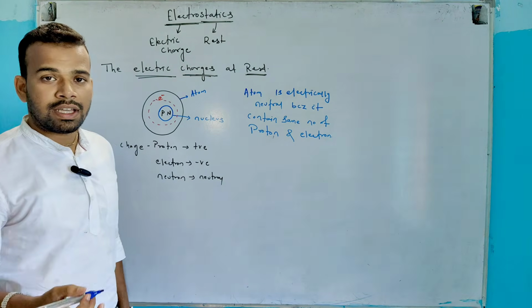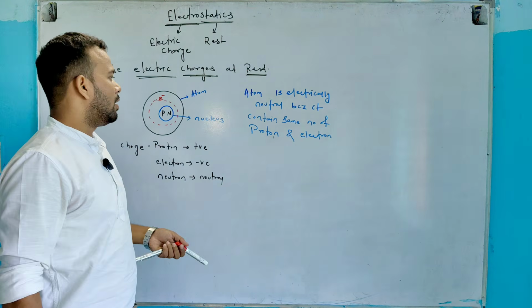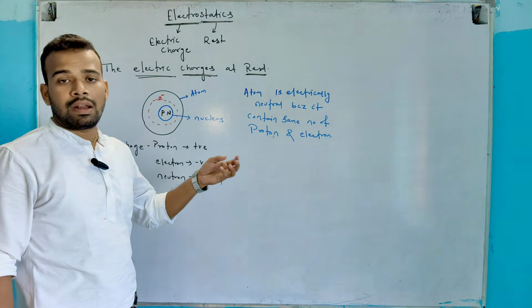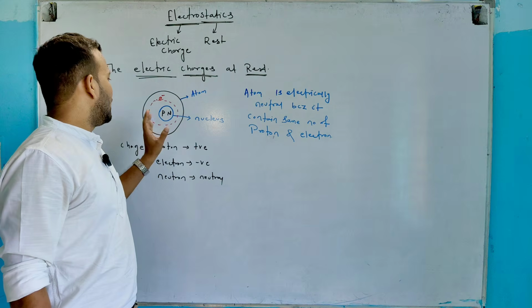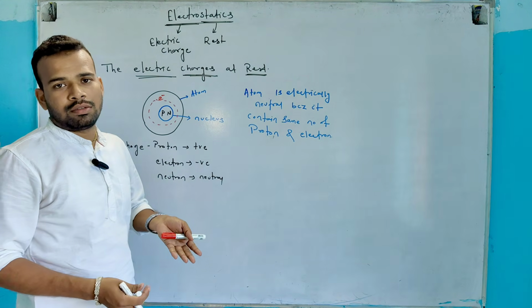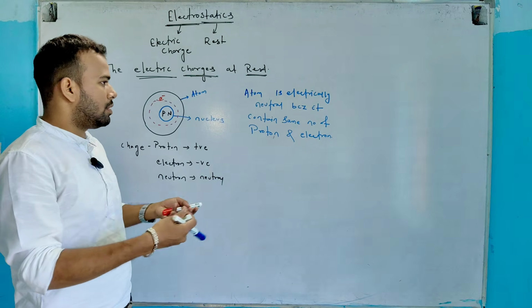Actually, the atom is electrically neutral because the atom is made up of protons, electrons, neutrons, and other subatomic particles, just like the nucleus is made of pi mesons and other particles.